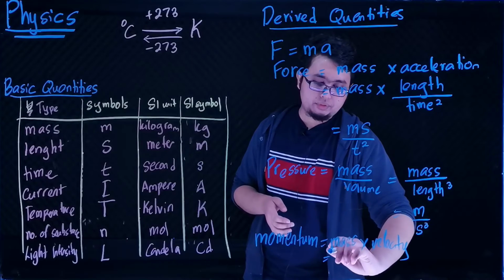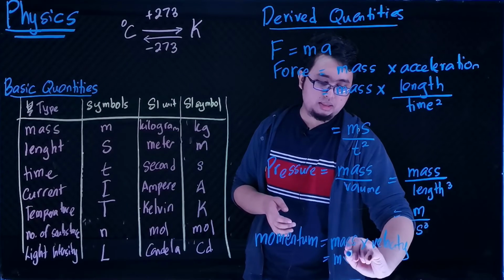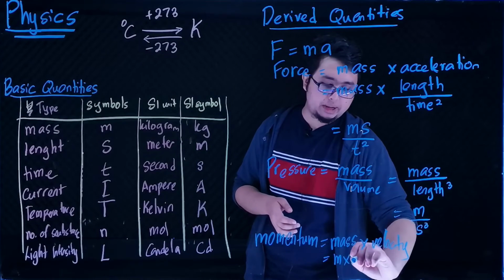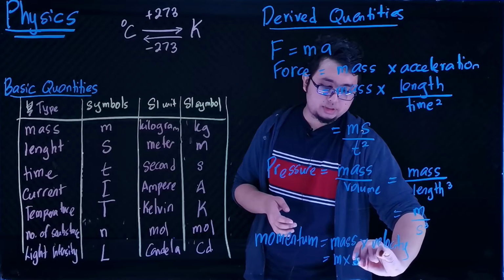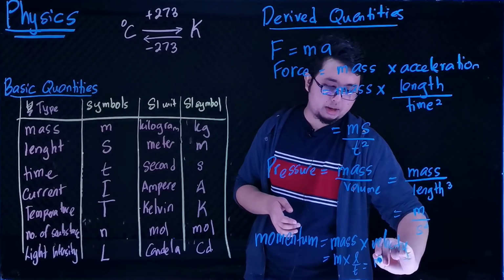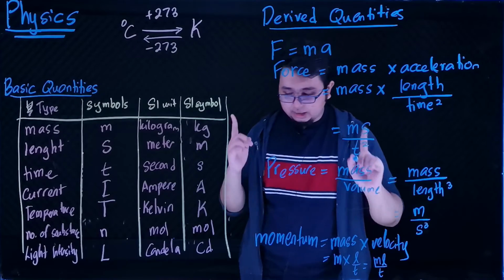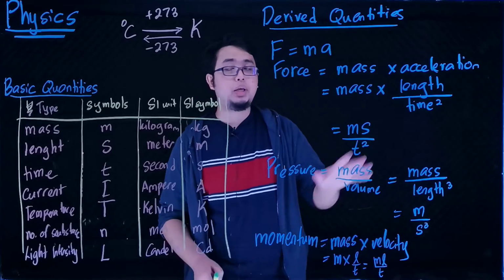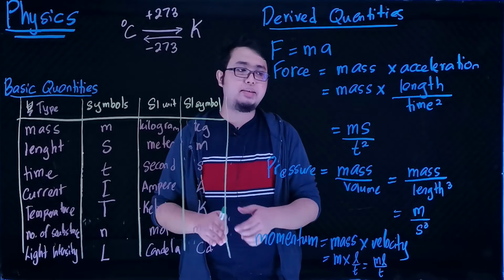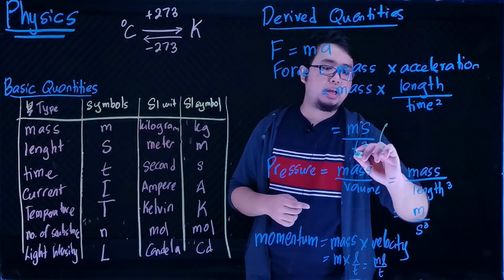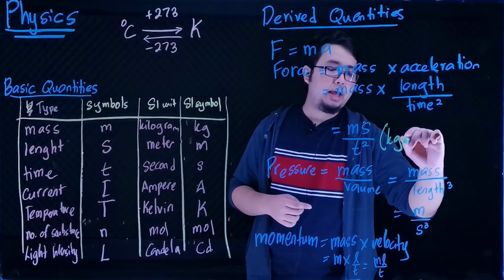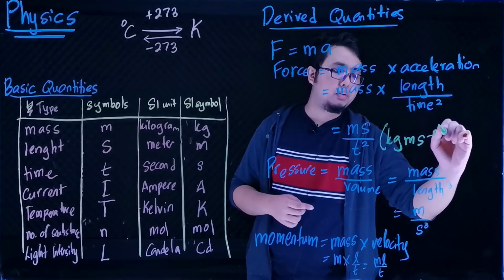So we have m times velocity, which is length over time. So length over time, you're going to have M L T. That's why if we break it up into their own respective SI symbols, we're going to have something like this: kg m s^-2.